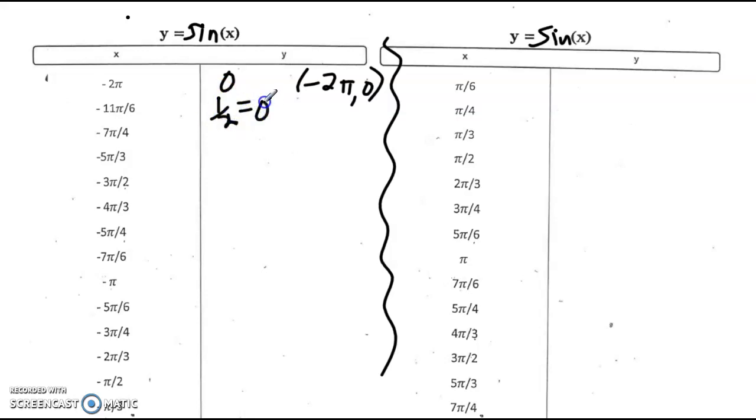That would be 0.5, right? Because positive 11 pi over 6 is this direction, and negative is this direction. Okay? And so that gives us the point negative 11 pi over 6, 0.5.